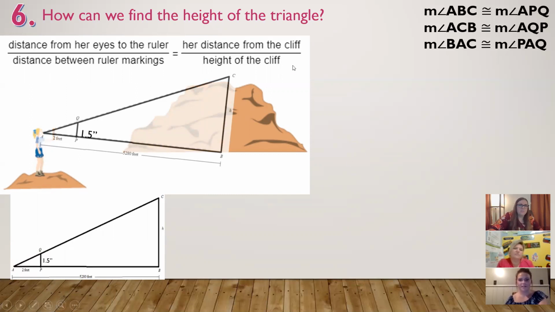So basically, here's the little formula that we would use. But of course, you'll rewrite it like Jessica had, or Jess, sorry. Same thing. It's okay. You'll rewrite it to height of the cliff over the 1/4 mile.